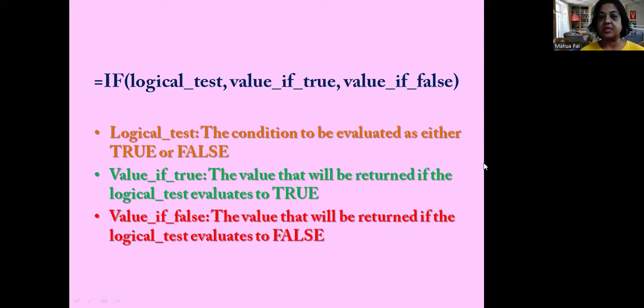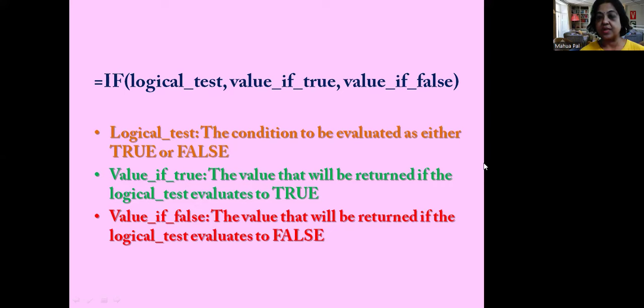The next parameter is value if true. So this part will be evaluated if the condition, that is the logical test, is true. The value will be returned if the logical test evaluates to true. Then after the second parameter we place a comma, and the last parameter is to be evaluated if the logical test is false.